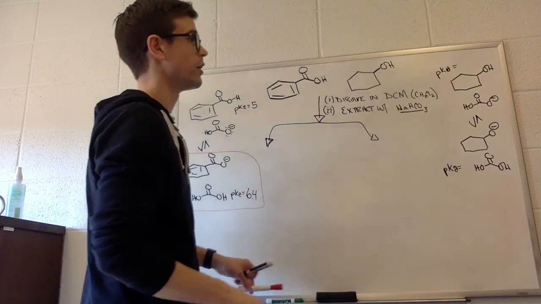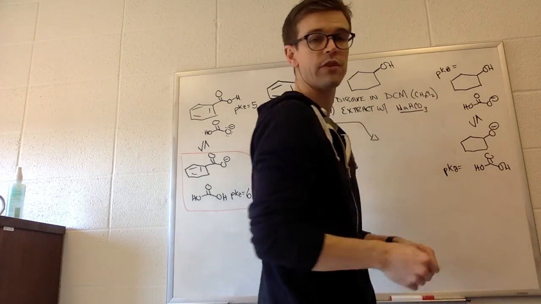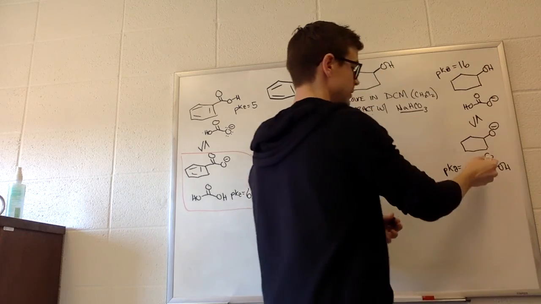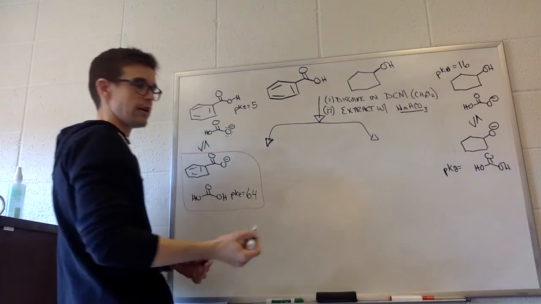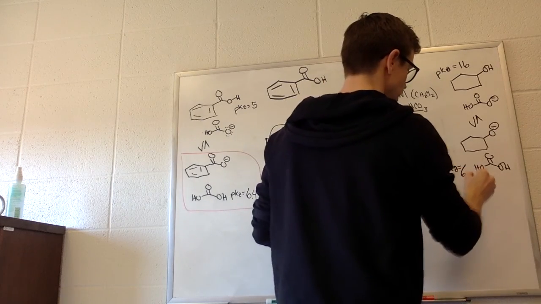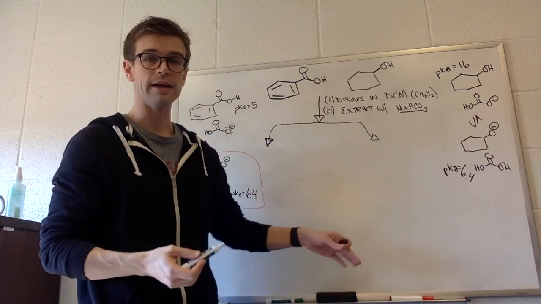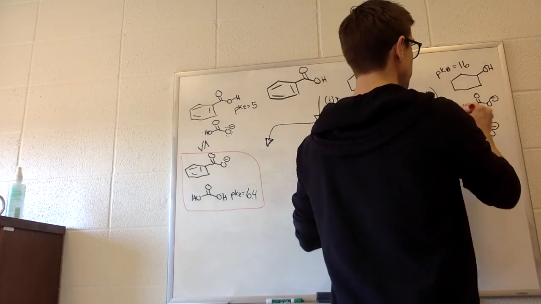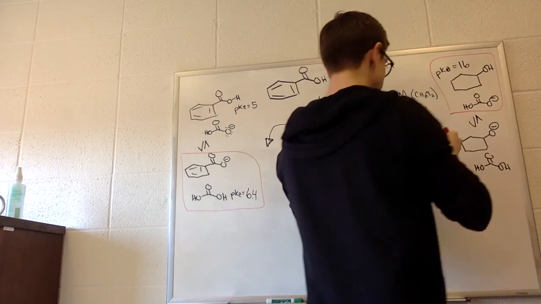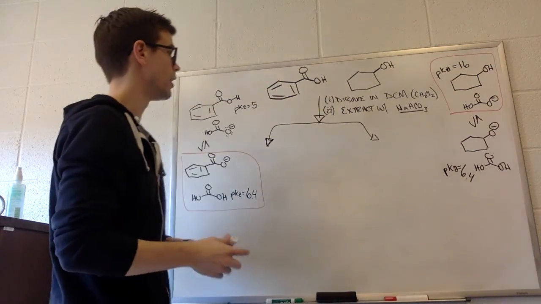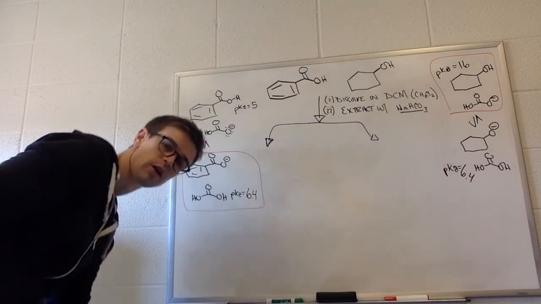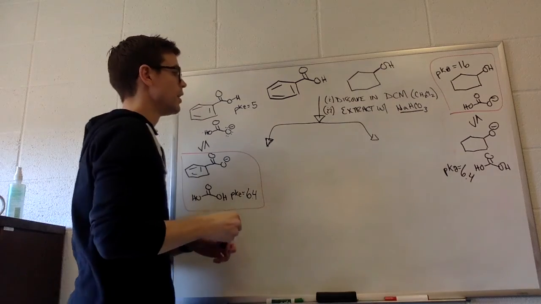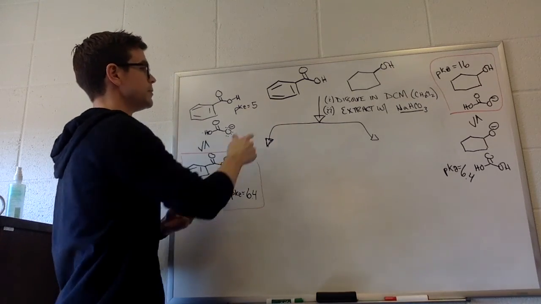What about our alcohol over here? The alcohol has a pKa of about 16. The carbonic acid is going to have the same pKa it had here. They always have the same pKas. So in this case, the carbonic acid is the stronger acid, which tells us that this equilibrium is going to be over here. So we had this mixture of two organic soluble compounds, and by treating them with a base, we selectively deprotonated this species here.